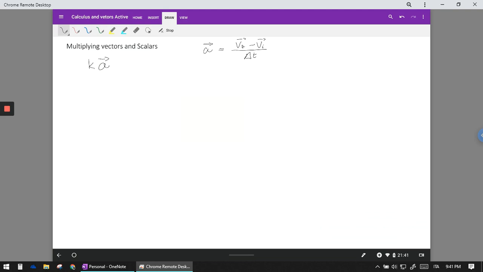And that's where the acceleration is equal to the final velocity minus the initial velocity over the time, or the change in velocity, that's what this is, over the change in time. And if you think conceptually about that, it makes sense because the acceleration is how quickly your velocity is changing with respect to time. Okay?